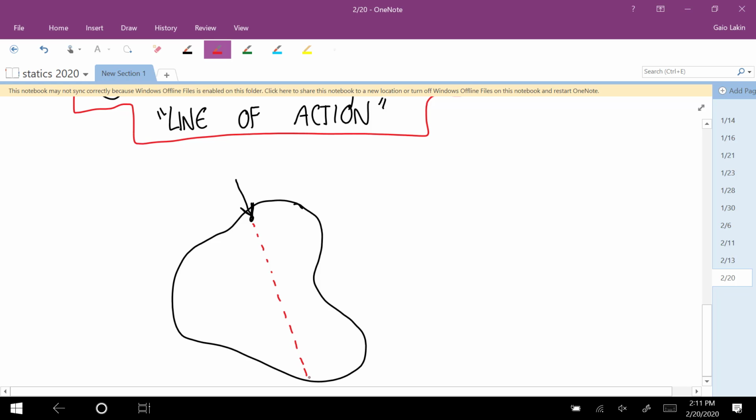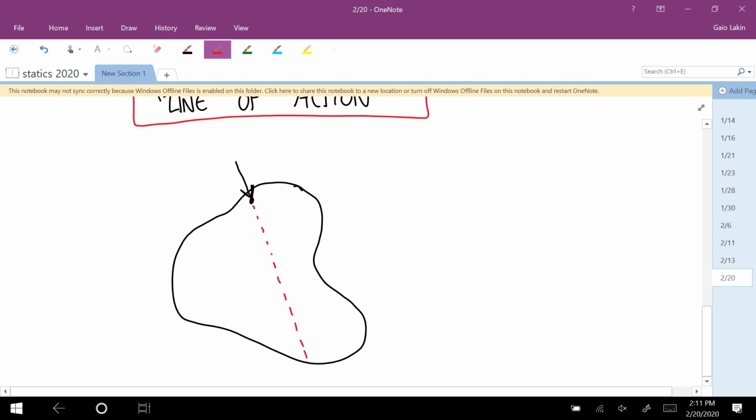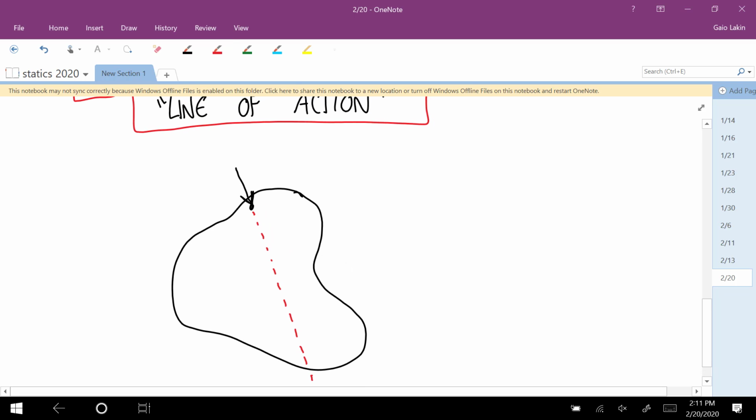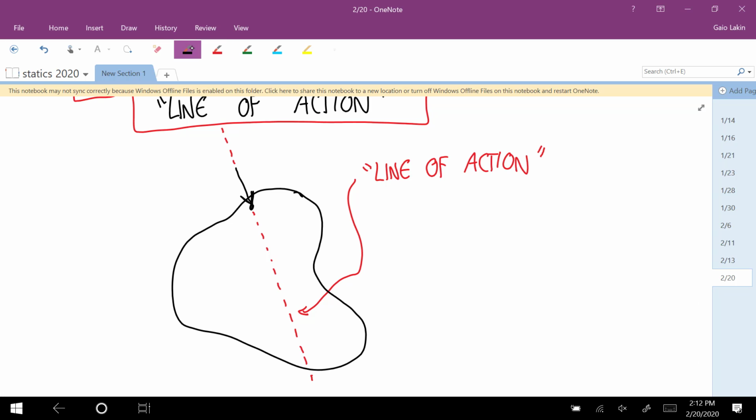I think this picture gets that idea across better than words. Okay, so the red is called the line of action. And if it makes the calculation easier, you can move that force vector. Let me name it.